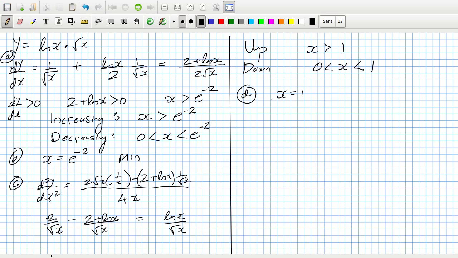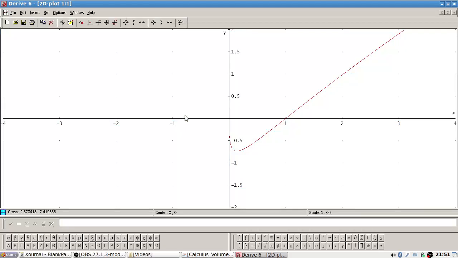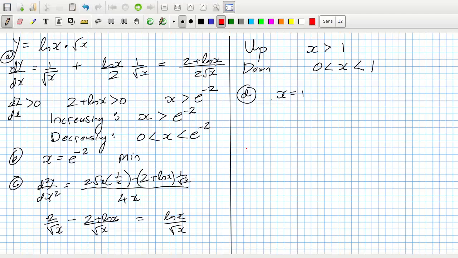Let's check. Increasing when x is more than e to the power minus 2, which looks like that value there. Yes, that does look like 1 over e squared, doesn't it? So increasing and decreasing before that, so correct and correct. Minimum at that point, definitely correct.